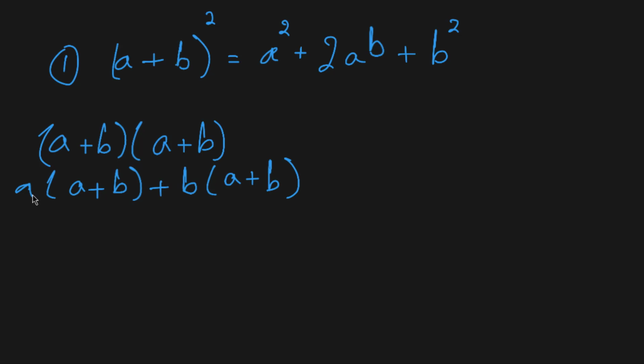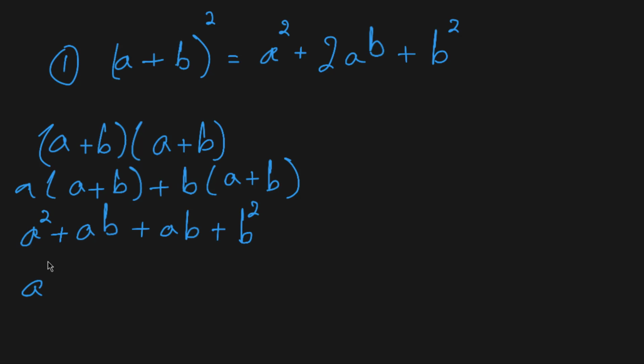And now simplify this. So a times a is a squared plus a times b is ab plus b times a is ba or ab, it's the same thing, and plus b times b is b squared.